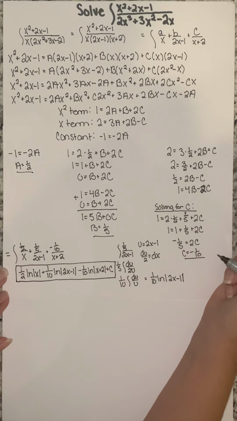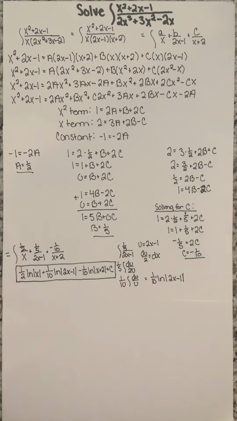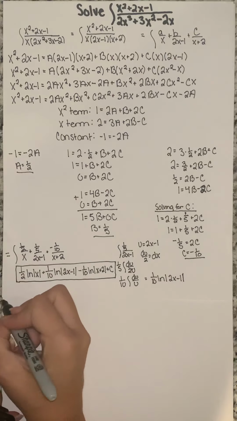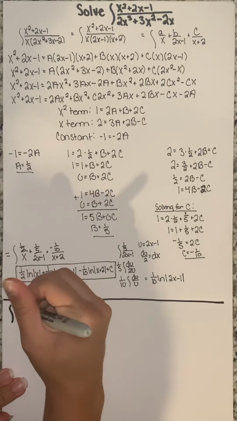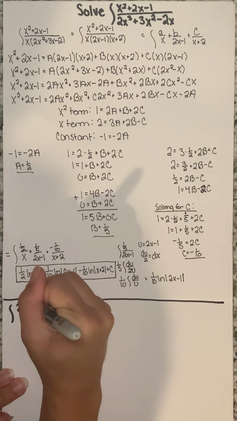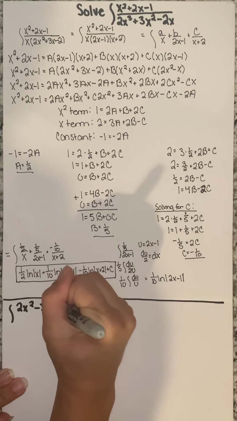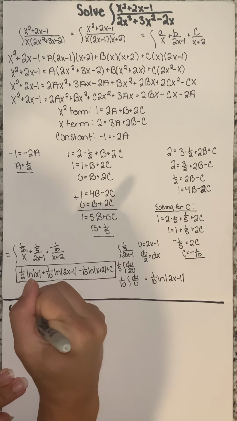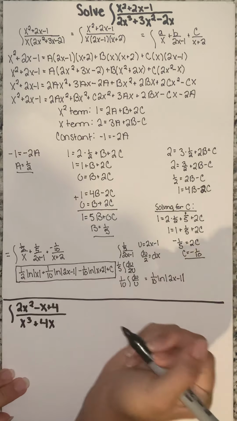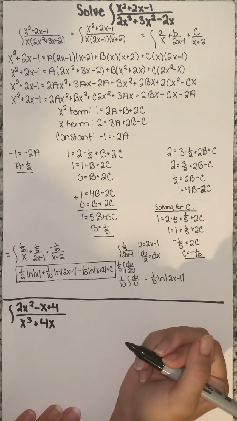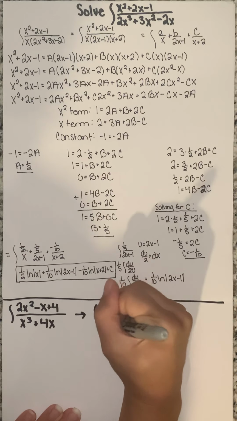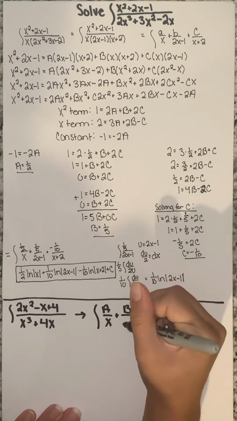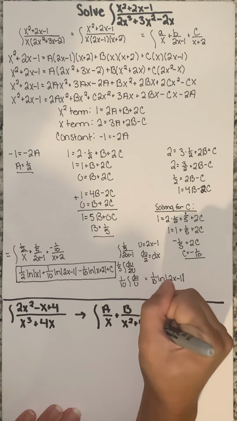Now, our final question that needs to be answered is a true or false question. That asks if the integral of 2x squared minus x plus 4 over x cubed plus 4x, if we can split the integral into a over x plus b over x squared plus 4.